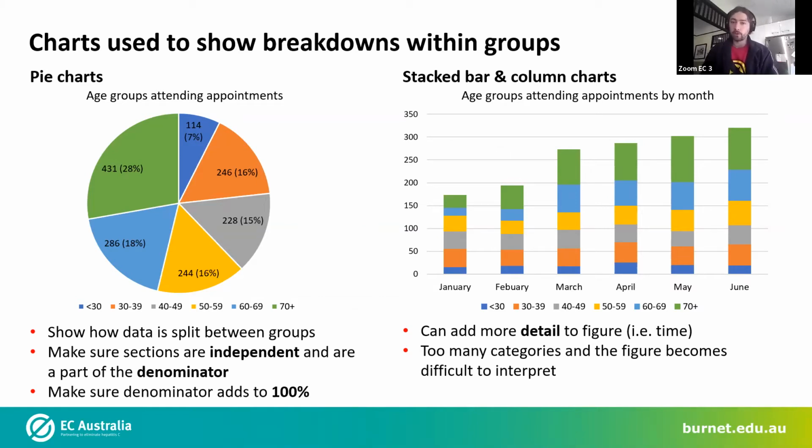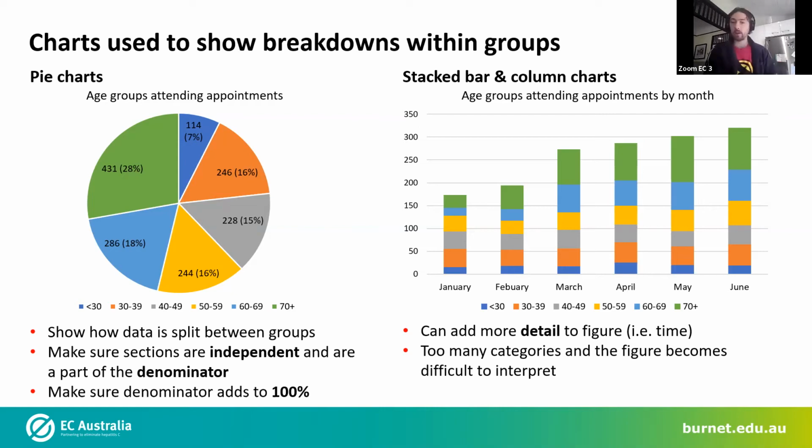The second chart on the right, we've got stacked bar and column charts. So this is how to take the principles of the pie chart and add another layer of complexity. In this case, we're looking at age groups that are attending appointments at this clinic by month. So now we've added this time component to it, but we're still able to show the breakdown within groups for each month.